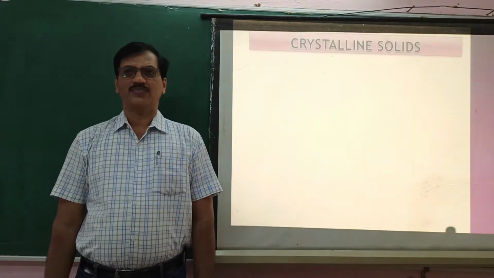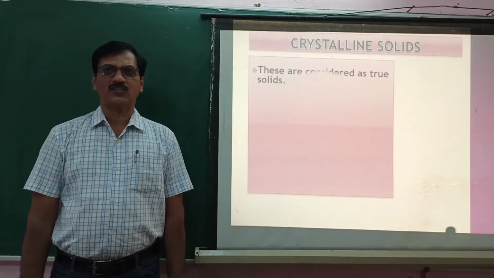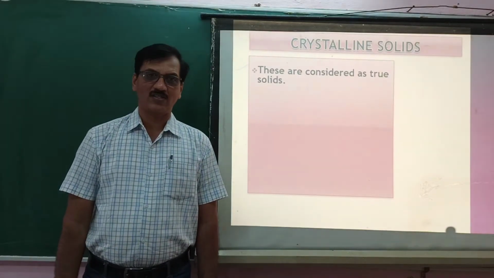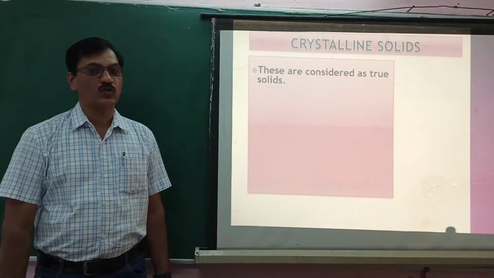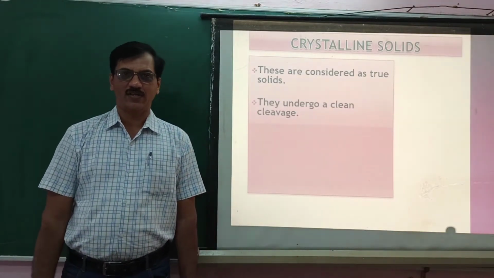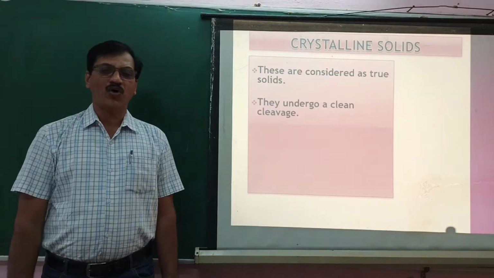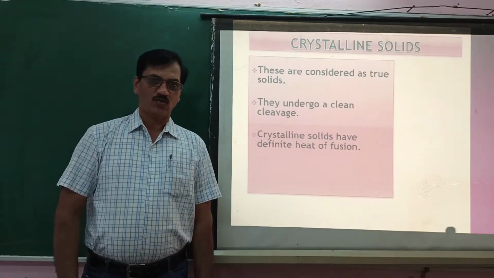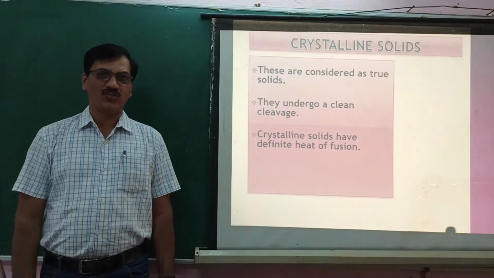Now coming to the other properties of crystalline solids. These are considered true solids. Amorphous solids are called pseudo solids, but crystalline solids are called true solids. These undergo clean cleavage. When you cut a solid, it has a sharp edge.